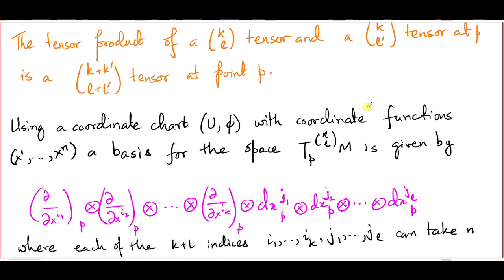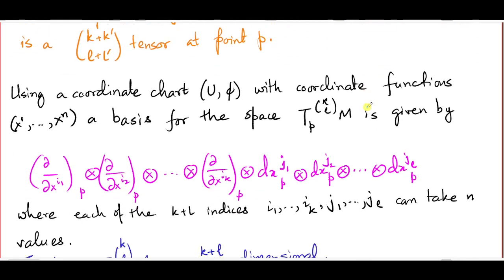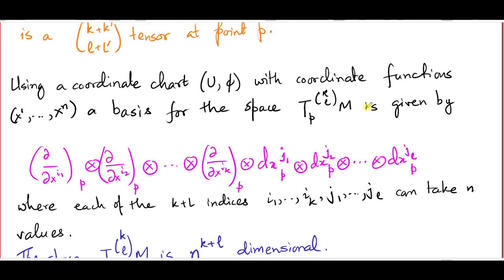Again, using a coordinate chart, it is very easy to form a basis for this space. And the basis here, as you would expect, is given by k copies of ∂/∂x^i1, ∂/∂x^i2 and so on being tensor producted, and l copies of dx's being tensor producted. All of them together.